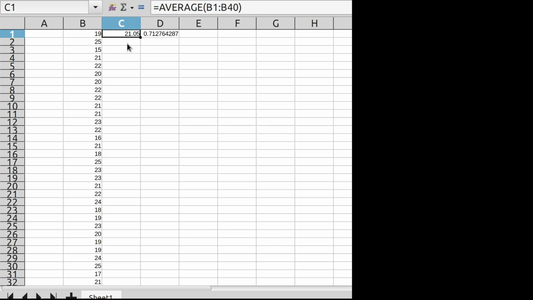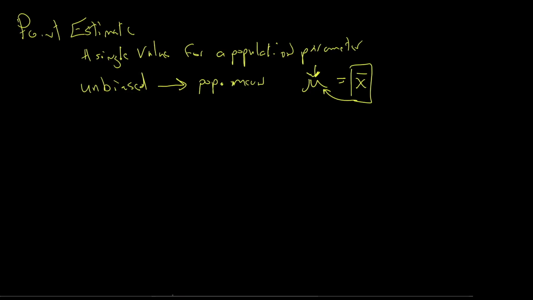We can say that all of the student athletes at this conference have an average of 21.05 athletic hours per week. And we could say that about the population, but it's going to have some problems.